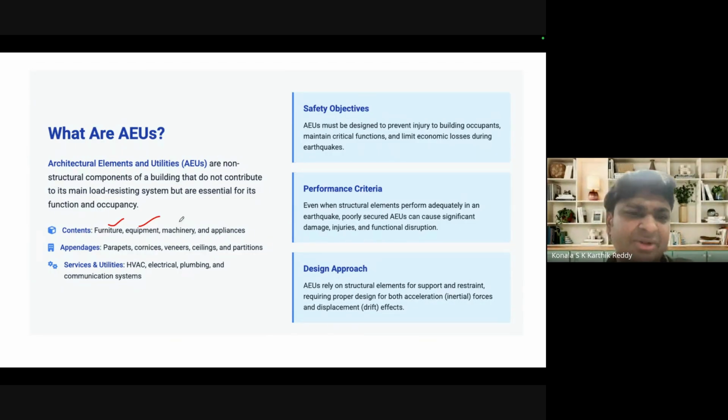And architectural elements: you have parapets, ceilings, false ceilings, veneers, and partitions. You also have service utility equipment like HVAC, heating, ventilation, and air conditioning, all the electrical and plumbing works, even dish systems for satellite channels. All of those can be treated as utilities.